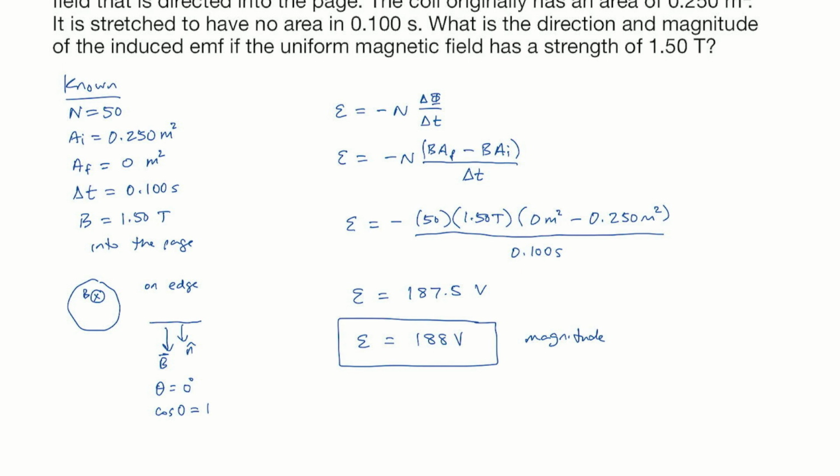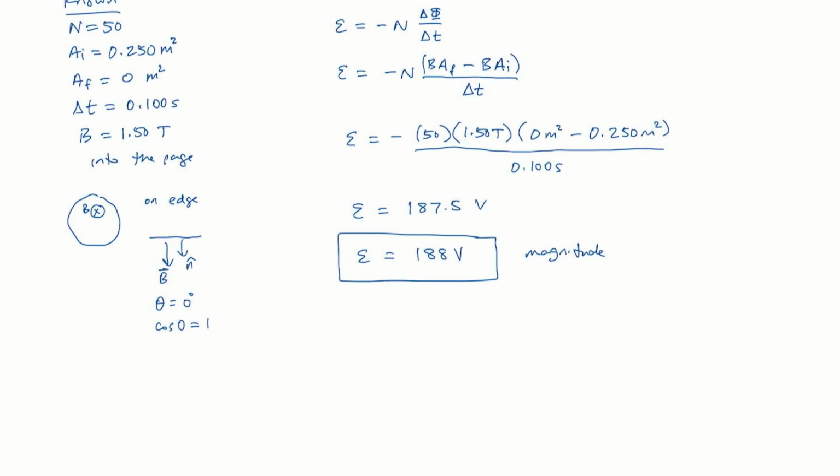Okay, so now for the direction. So the magnetic field B is into the page. That means the flux is in.